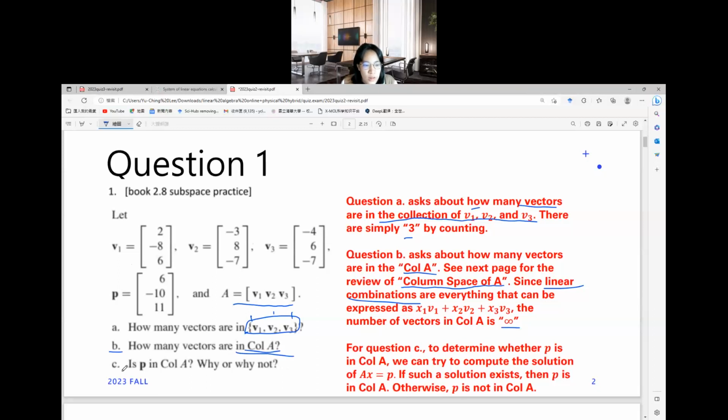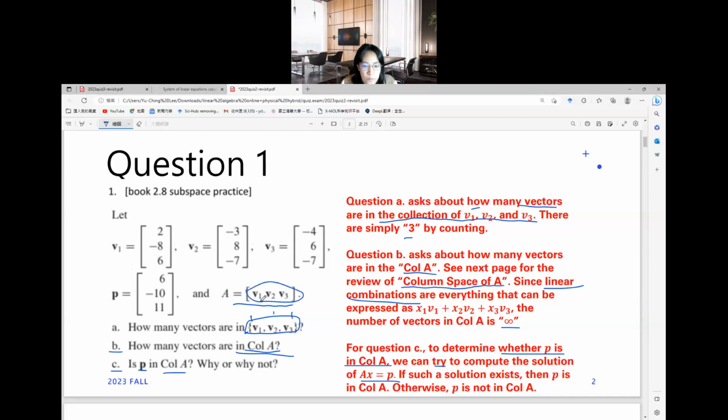And for question C, is the given vector P in the column space of A? Why or why not? In order to answer this, we need to determine whether vector P is in the column space of A. We can try to compute the solution of AX equals P. Remember that A is the matrix defined as the collection of V1, V2, and V3.